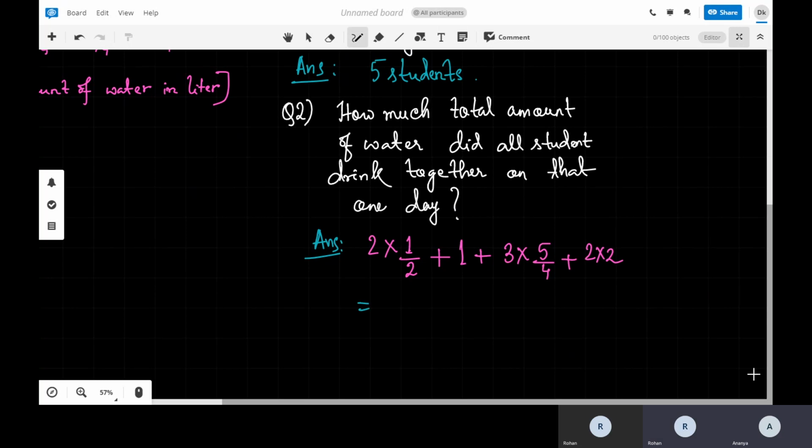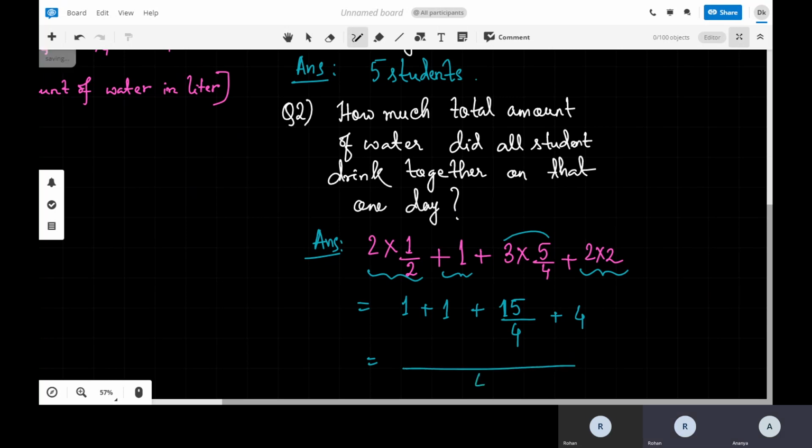So we have 2 times 1/2, which is equal to 1. Plus we have 1, right? Plus we have 3 times 5/4, which is equal to 15 over 4, right? Plus we have 2 times 2, which is equal to 4. Very good. Now we can simply use the LCM in the denominator, correct?